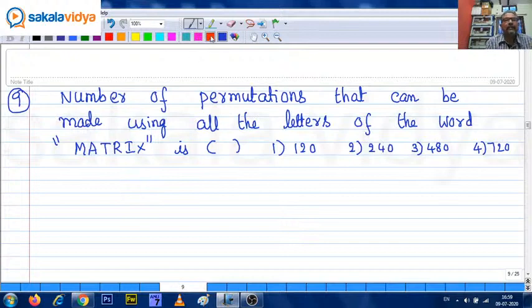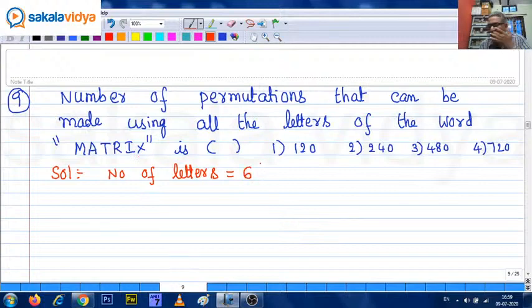So, matrix here. Number of letters, write down. Number of letters is equal to, you count it, 1 2 3 4 5 6. That means we need to arrange, unless it is mentioned, you remember, unless it is mentioned, it is without repetition only. With repetition means you need to take repetition. That means 6 places need to be filled with 6 objects, 6 letters.